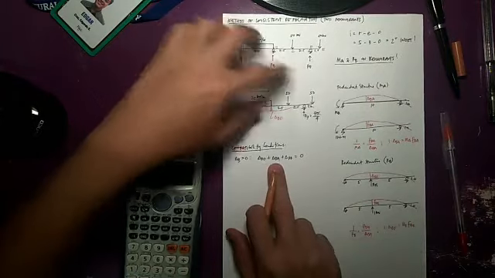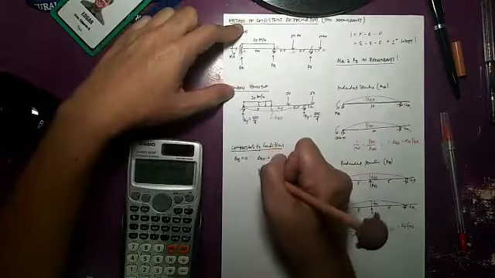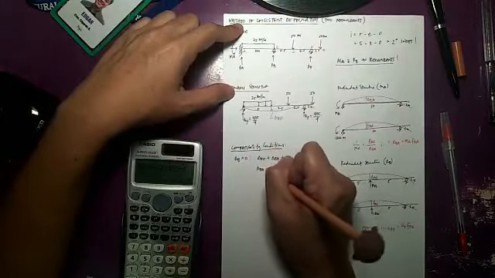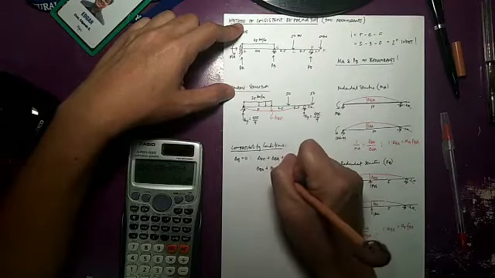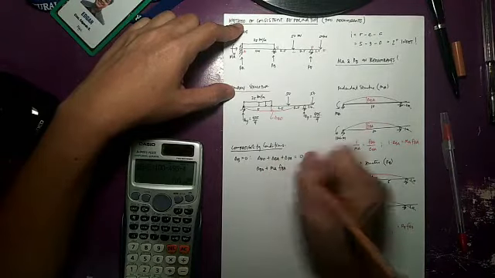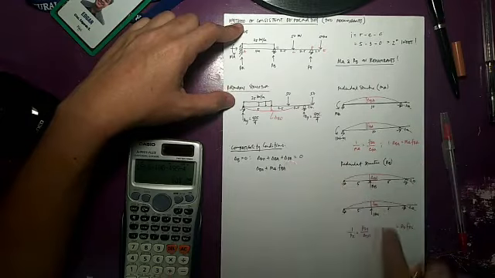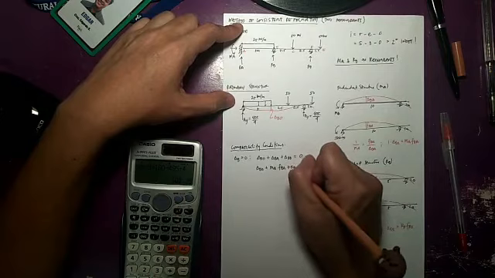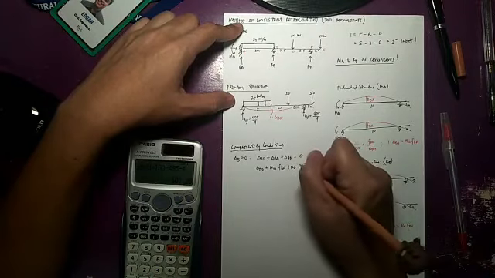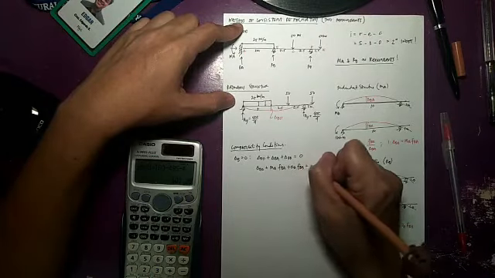Substituting this delta BA, this becomes delta BO plus MA times FBA, then delta BB is RB times FBB, equal to 0.